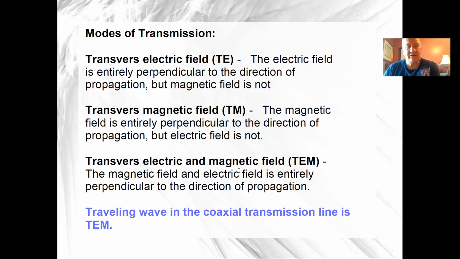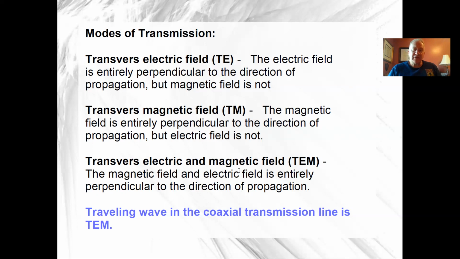And finally, we have TEM waves, in which the electric field and magnetic field are both perpendicular to the direction of propagation. So there is no component of the electric or magnetic field that points in the direction of or the opposite direction of the travel, the velocity.